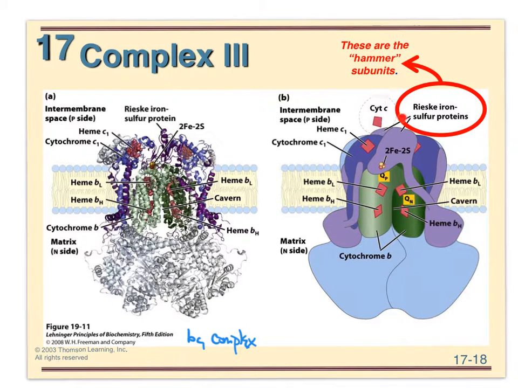Cytochrome C is a separate protein altogether with its own cytochrome. Don't confuse it with cytochrome C1, which is part of the bc1 complex. Personally, I would have liked to have given them all different names, but they didn't. They were very redundant. The Q cycle occurs right through here, and we'll talk about what it is in just a moment. I've got to bring it up on the computer so that way I don't overlook anything.